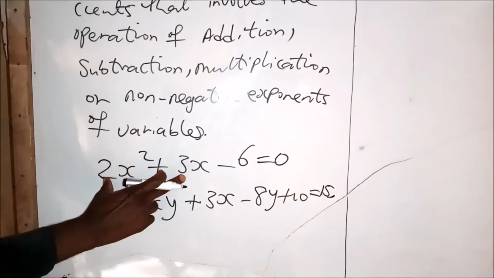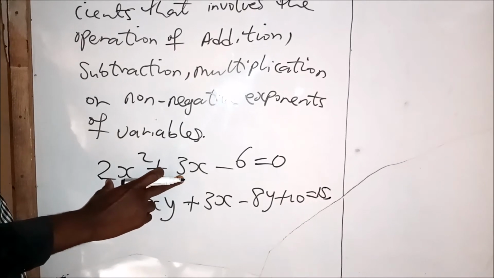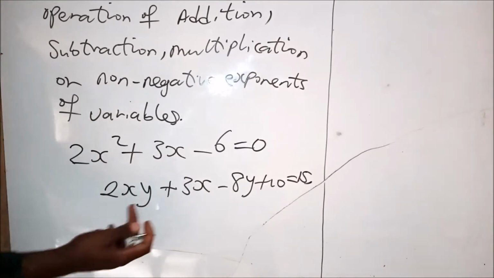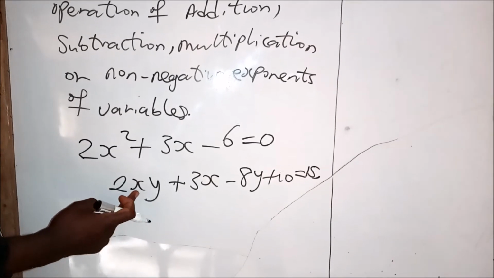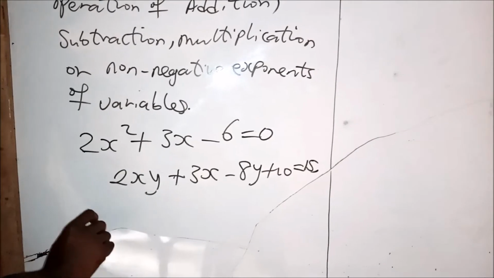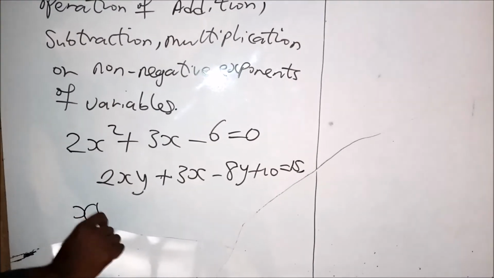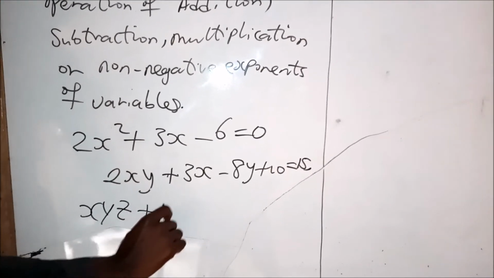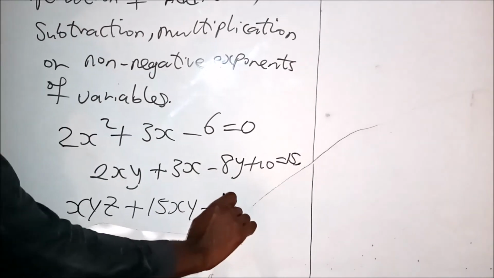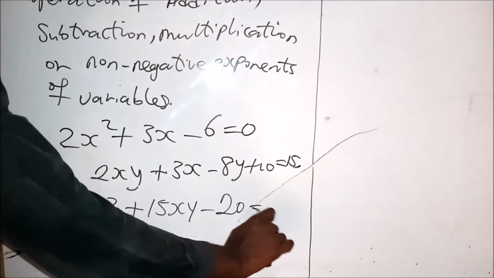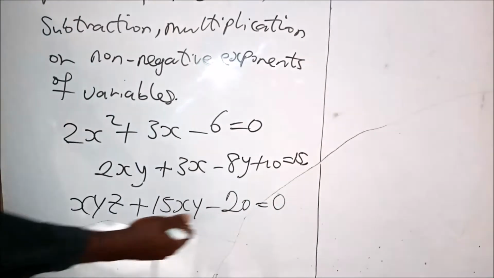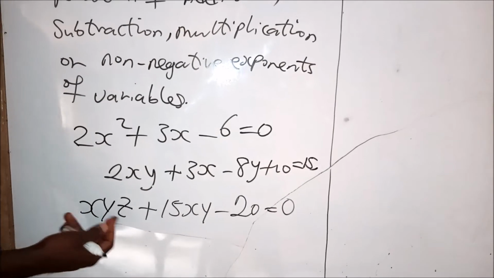In this case, this is a polynomial of one variable, while in this case, this is a polynomial of two variables because we have variables x and y involved. We can also have three variables, something like xyz plus 15xy minus 20, let's say equal to 0. So this is polynomial of three variables, x, y, and z.